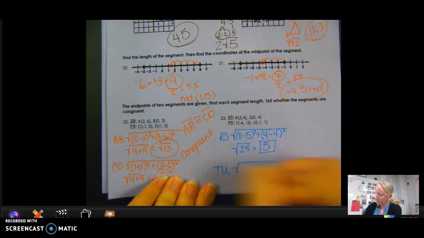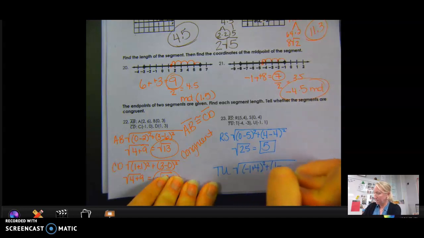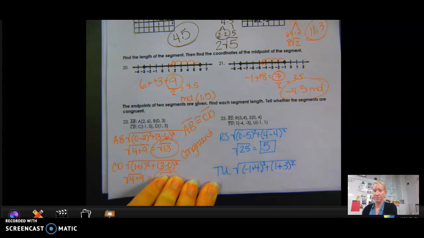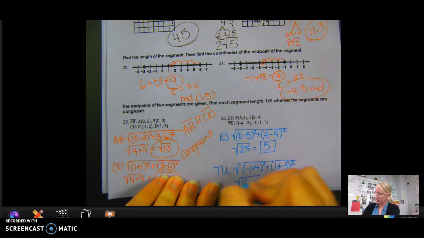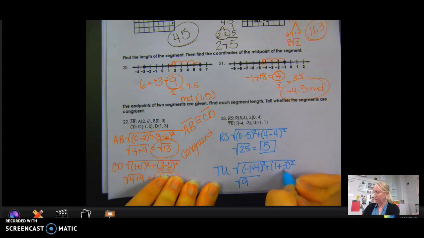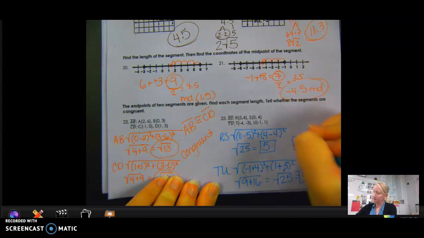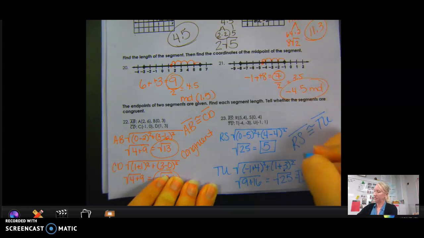TU is -1 minus -4, so plus 4 squared, plus 1 minus, or plus 3 squared. -1 plus 4 is 3. 3 squared is 9. 1 plus 3 is 4. 4 squared is 16. 9 plus 16 is 25. Square root of 25 is 5. Hopefully I didn't make a mistake in my math here. So RS is congruent to TU. They are congruent.